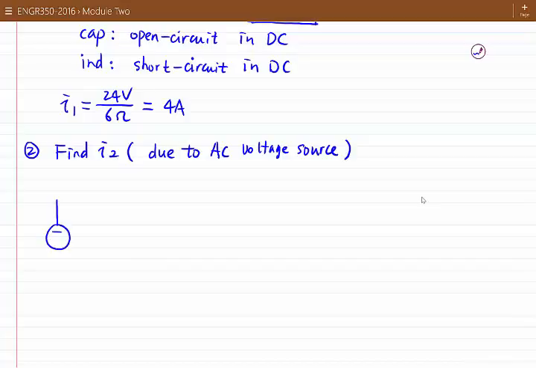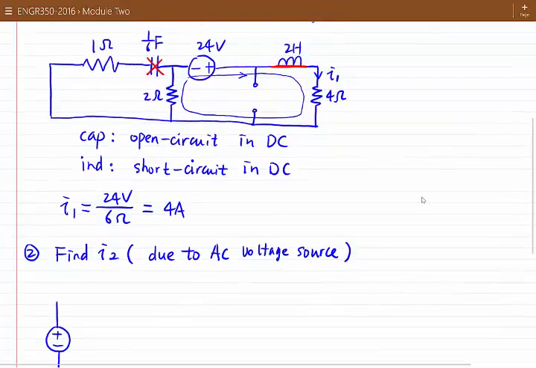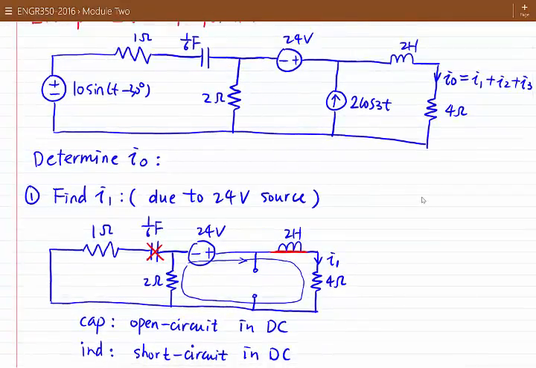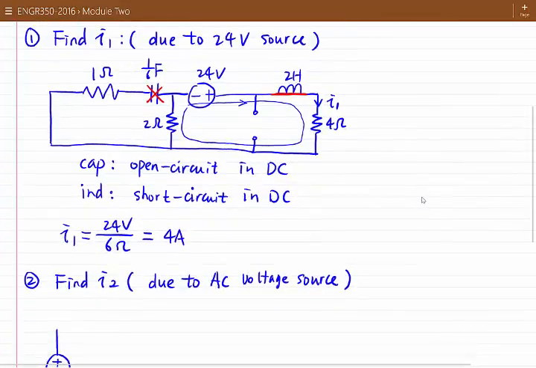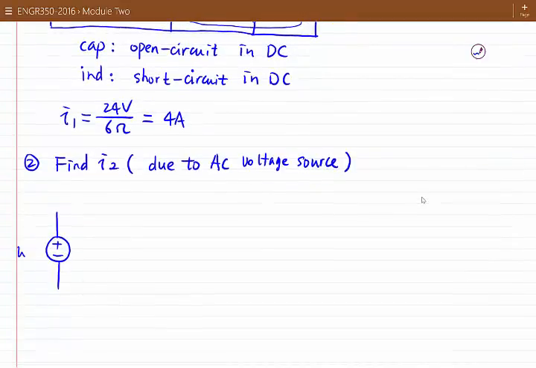We apply the AC voltage source. It has an amplitude of 10, a phase angle of minus 30 degree, and the base function is a sine function. So the frequency is 1. This is very important. So the frequency is 1.